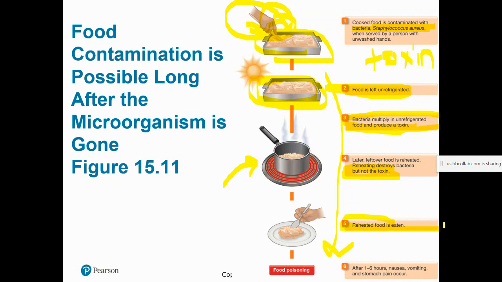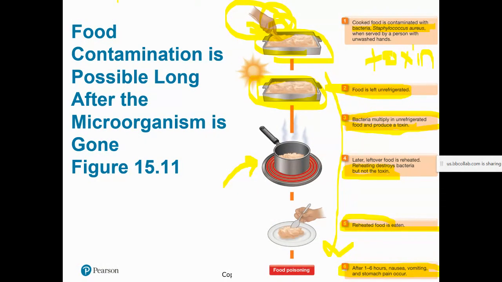So then we eat the reheated food. We're not ingesting Staph aureus at this point, but we're ingesting its toxin. Then about 5 hours later, we start to feel the effect of the food poisoning, or the food intoxication, from the Staph aureus toxin. So all of this is to say, no matter when you're preparing food, even if you're just reheating something, make sure to take proper precaution.